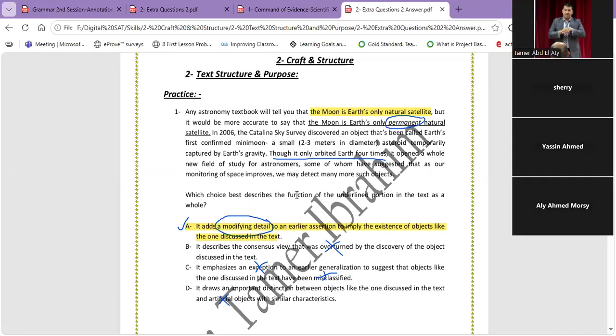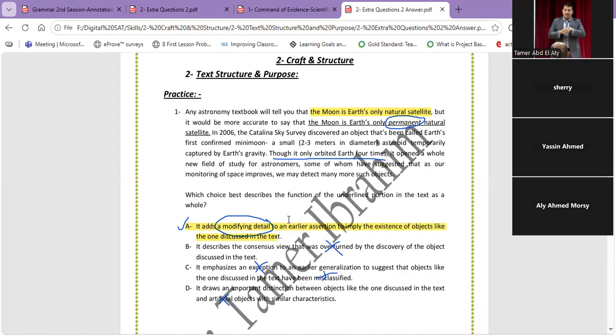Okay, so now here is the sentence, or here is a part of the sentence. So read a part before it and read a sentence after it. Read, Yasin. Any astronomy textbook will tell you that the moon is Earth's only natural satellite, but it would be more accurate to say that the moon is Earth's only permanent natural satellite.